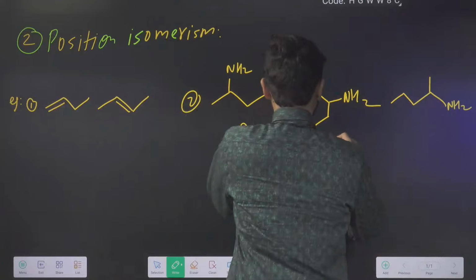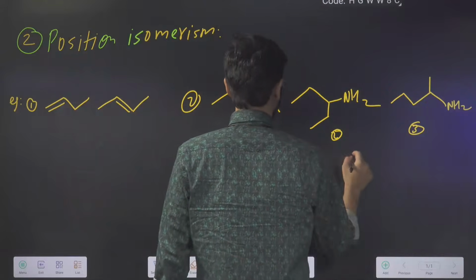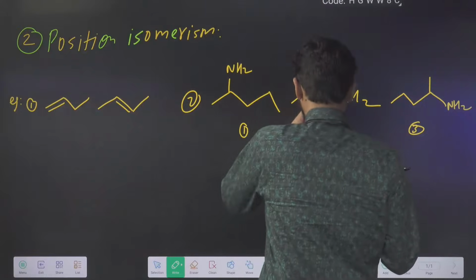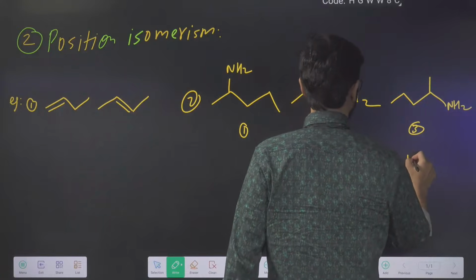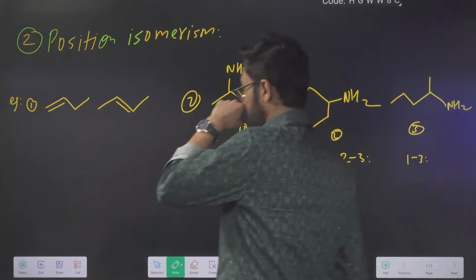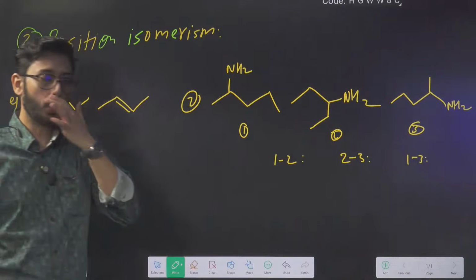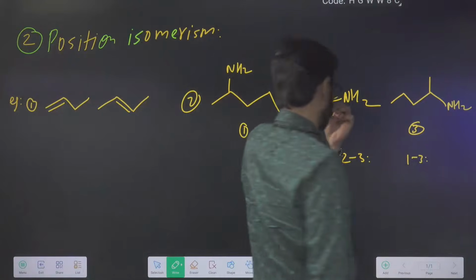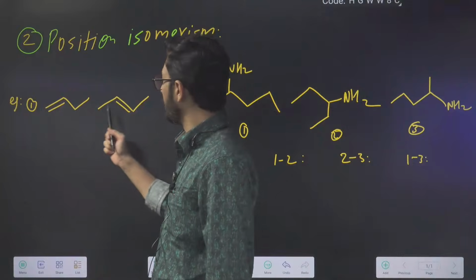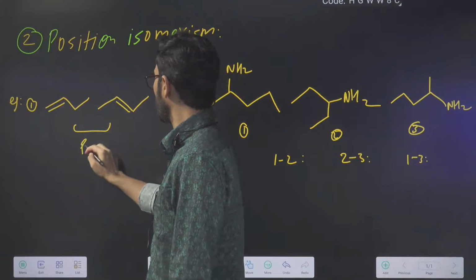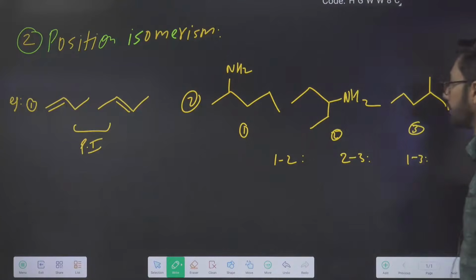Are they chain isomers or not? Sorry, position isomers or not? Are they position isomers? Yes, because they have same size of the parent chain, which is 4. Multiple bond is at 1, multiple bond is at 2. So they are position isomers.